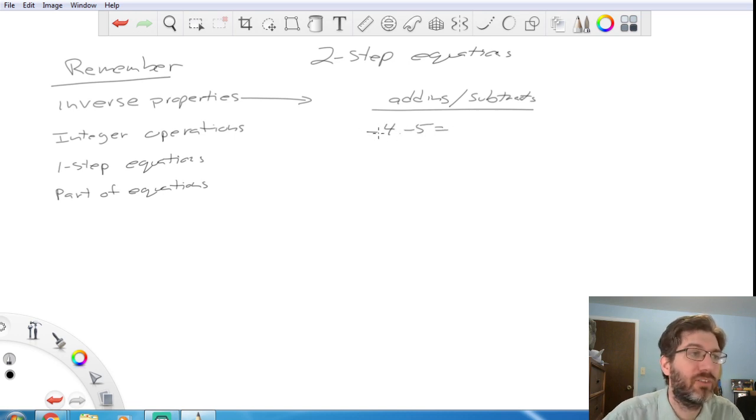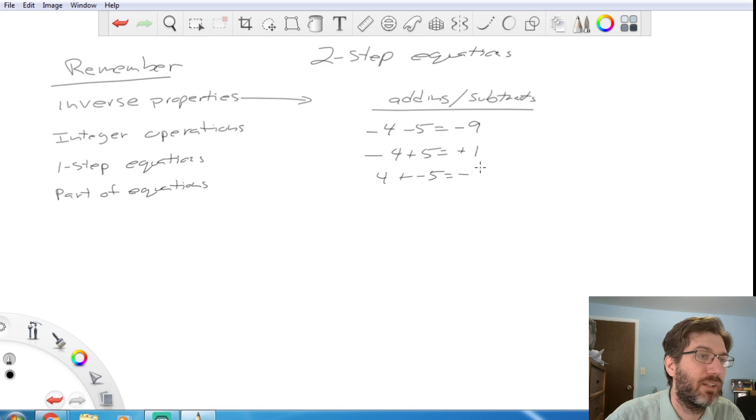Signs are the same here, so you add them and keep the sign. So 4 plus 5 gives you 9, so that's -9. Sometimes you have different signs. If they're different, you subtract and keep the sign of the larger number, so this gives you a +1. Keep in mind if that was switched and you had 4 plus -5, you would be getting a -1.